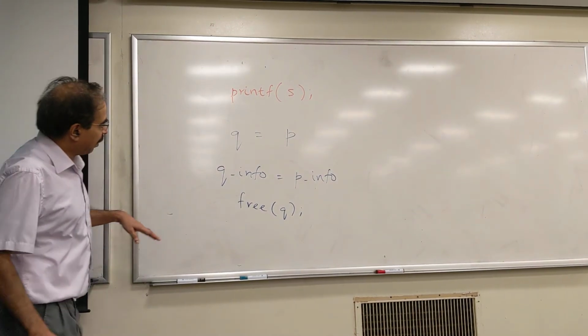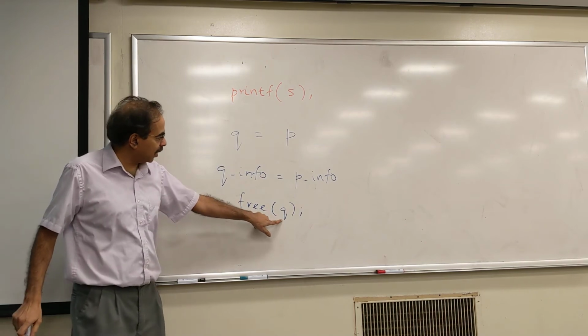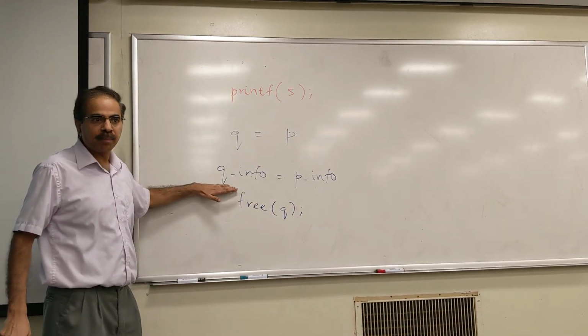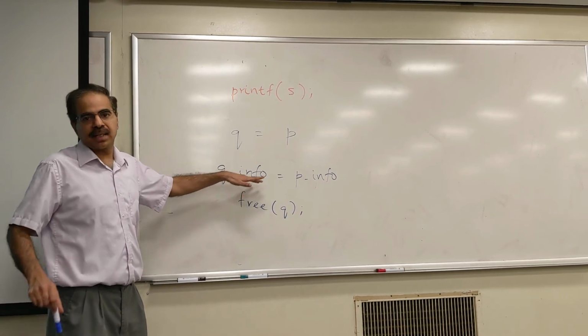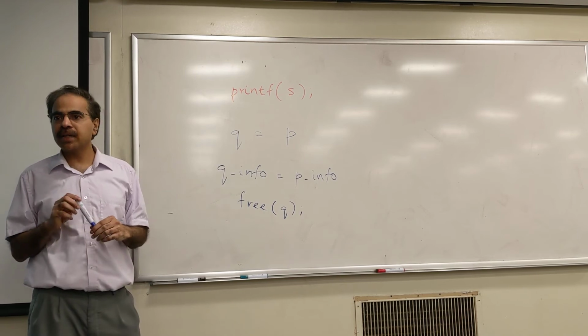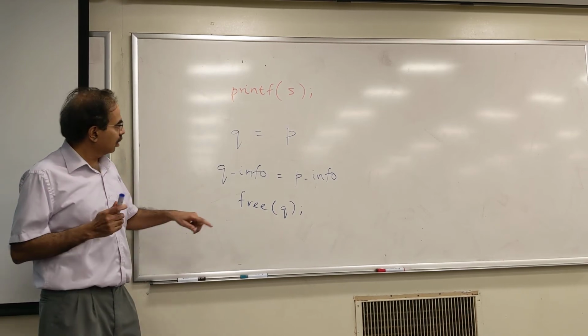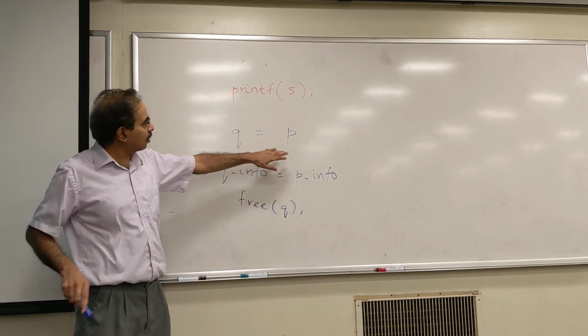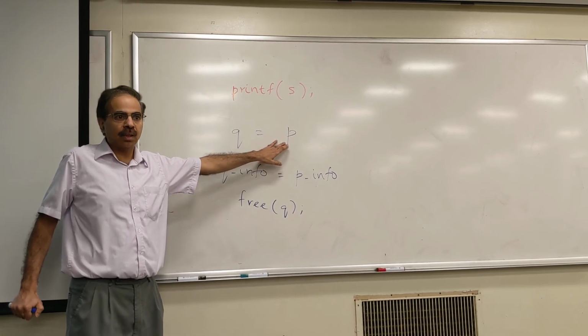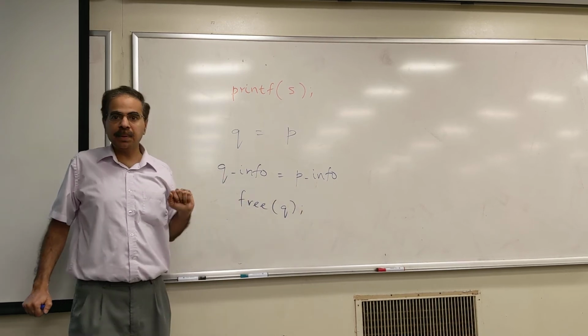The compiler can figure out at this point, okay, if I free Q, I can go ahead and modify Q's info so that it can record the fact that Q is no longer pointing to any valid object. But the compiler cannot figure out that P also happens to point to the same memory location, and so it cannot update P's info, right?